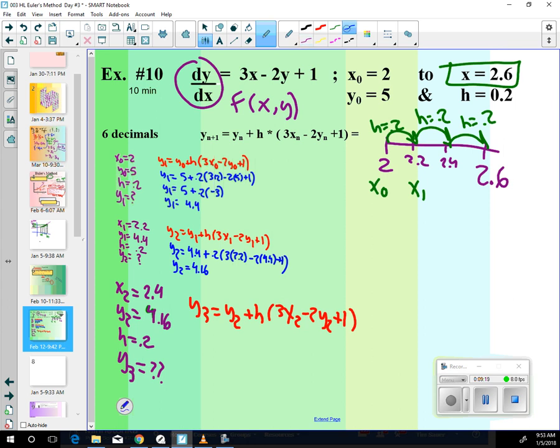And y3 equals 4.16 plus 0.2 times 3 times 2.4 minus 2 times 4.16 plus 1. And I'm going to need your calculator help again.